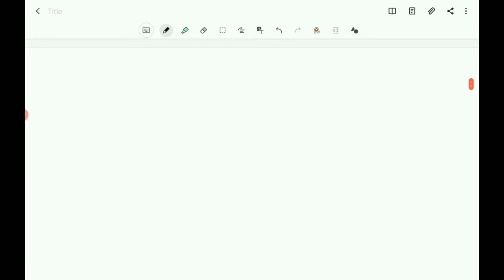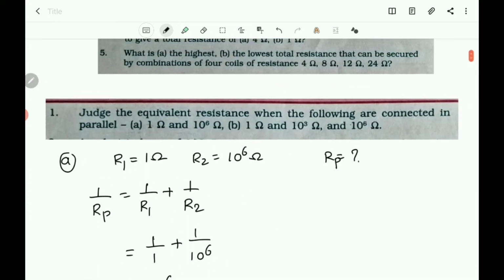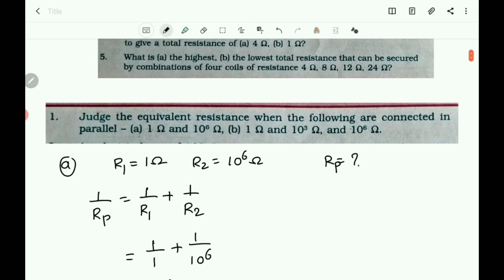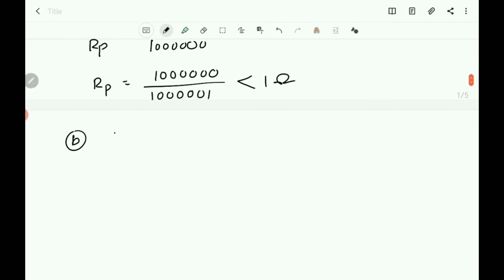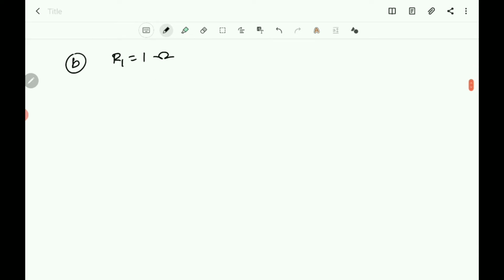And next you take the second one, B. Here B is 1 ohm, 10 to the power of 3 ohm and 10 to the power of 6 ohm. So let us take R1 equal to 1 ohm, R2 equal to 10 to the power of 3 ohm, and R3 equal to 10 to the power of 6 ohm.